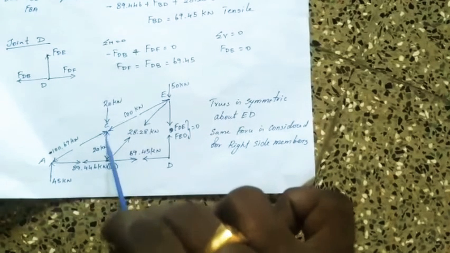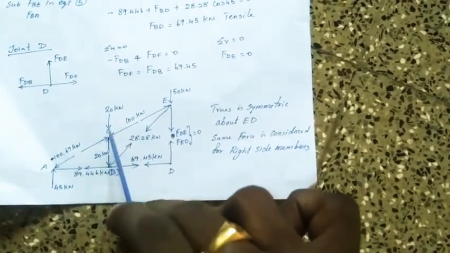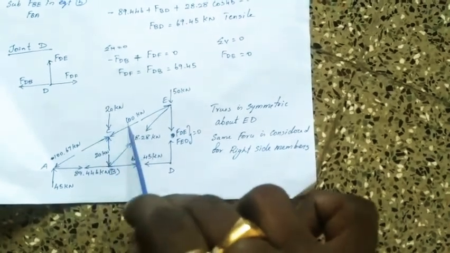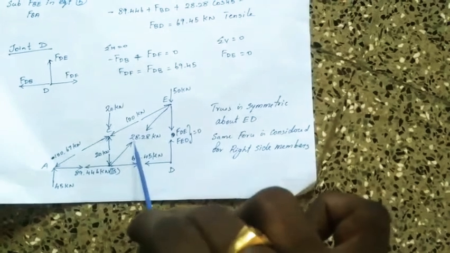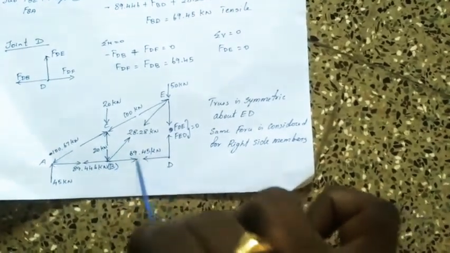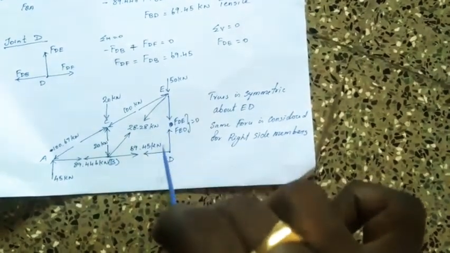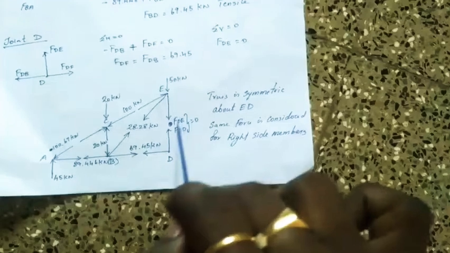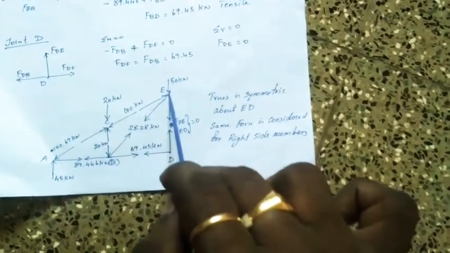Then in between C and B we have a compressive force 20 kilonewton. Then in CE we have a compressive force 100 kilonewton. In BE we have a tensile force 28.28 kilonewton. Then in BD we have a tensile force 69.45 kilonewton. In between D and E force is 0. Then we have applied force 50 kilonewton at point E.